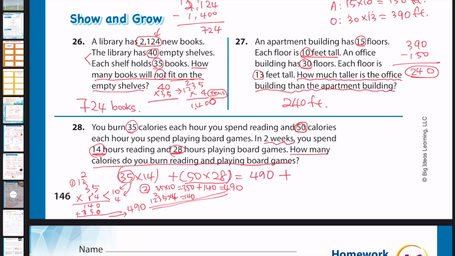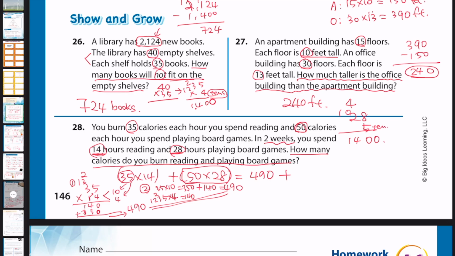plus, now we need to find out this one. Sorry. 5 tens times what? 28. 8 times 5 is what? 40. And then 5 times 2 is what? 10. Okay, and then remember, this is not 5, this is 5 tens. That means what?